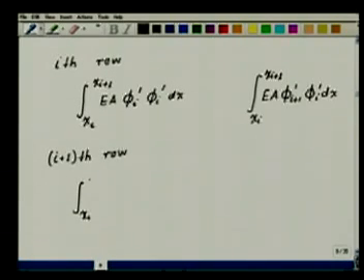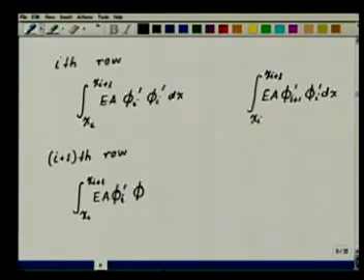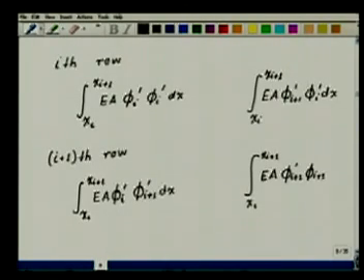Integral x_i to x_{i+1} EA phi_i prime phi_{i+1} prime dx, and integral x_i to x_{i+1} EA phi_{i+1} prime phi_{i+1} prime dx.